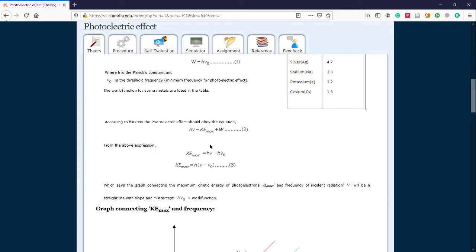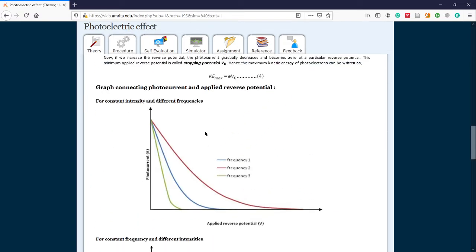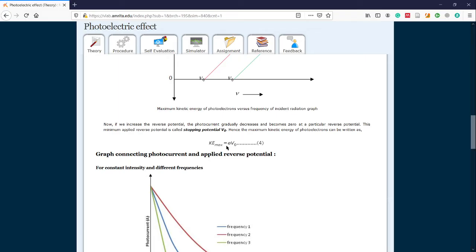After some mathematical calculation, we can see Ke max equals h times (nu minus nu 0). To find the h value, we have to find this Ke max, which is eventually equal to the stopping potential times the electronic charge. If we are able to find the stopping potential for a particular frequency for a particular metal, then we will get this Ke max.